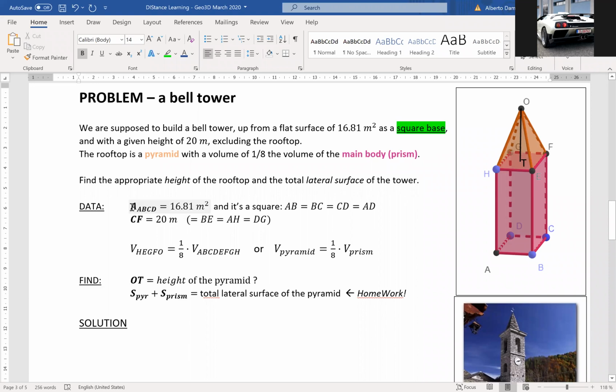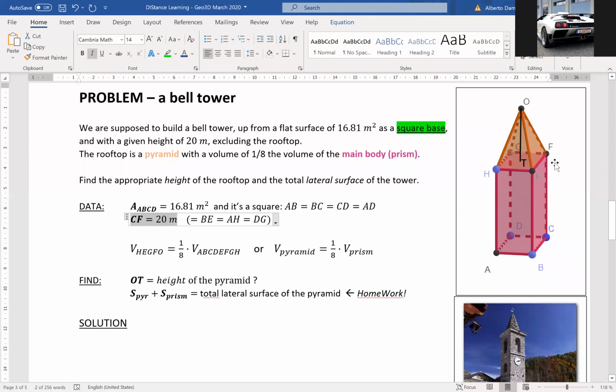Let's look at the data one by one. We have the surface of the base, and it says it's a square, okay? So, I can write the fact that it's a square by saying that the segment AB, the segment BC, the segment DC, and the segment AD, they all have the same length. It's a square. Plus the height of our prism, the height of the purple body of the bell tower, is 20 meters.